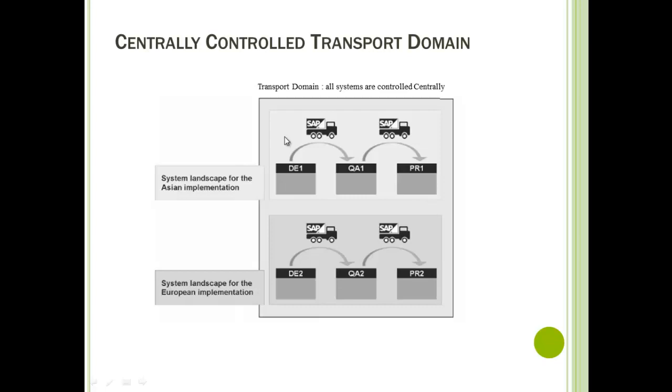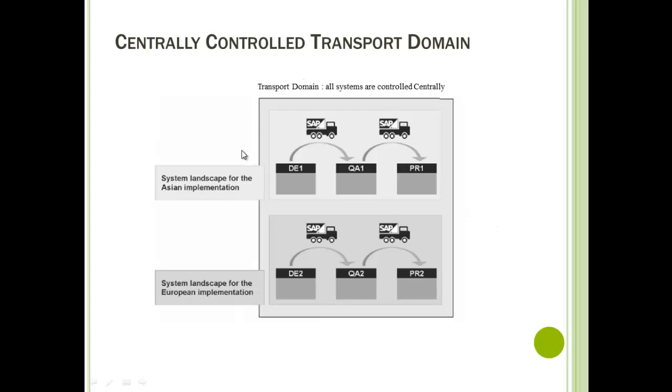So in general, the TMS enables the SAP basis administrator to centrally manage the transport as well as the configuration of multiple SAP systems by defining the transport domain and assigning the transport domain to the transport routes. So what is a transport domain?